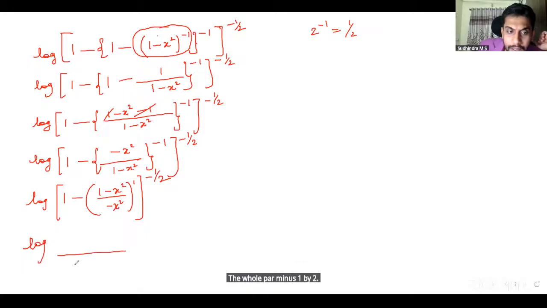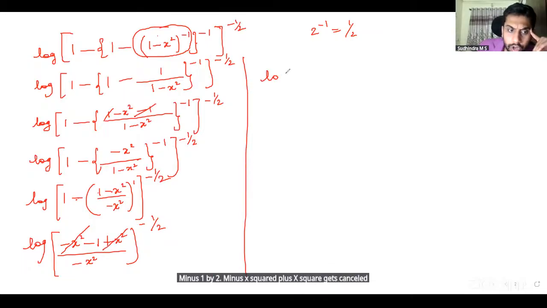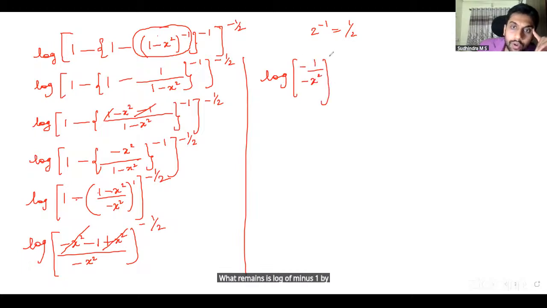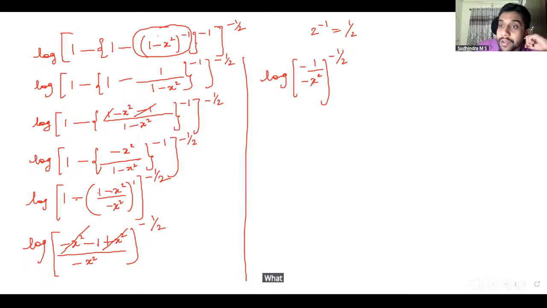So I can take minus x square LCM. Minus x square minus 1 minus into minus plus x square, the whole power minus 1 by 2. Minus x square plus x square gets cancelled. What remains is log of minus 1 by minus x square, the whole power minus 1 by 2. What is minus divided by minus? Plus.